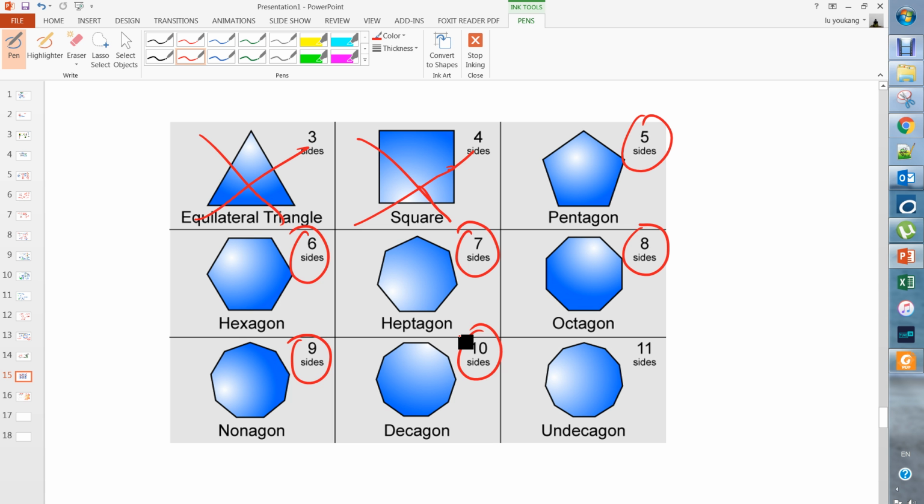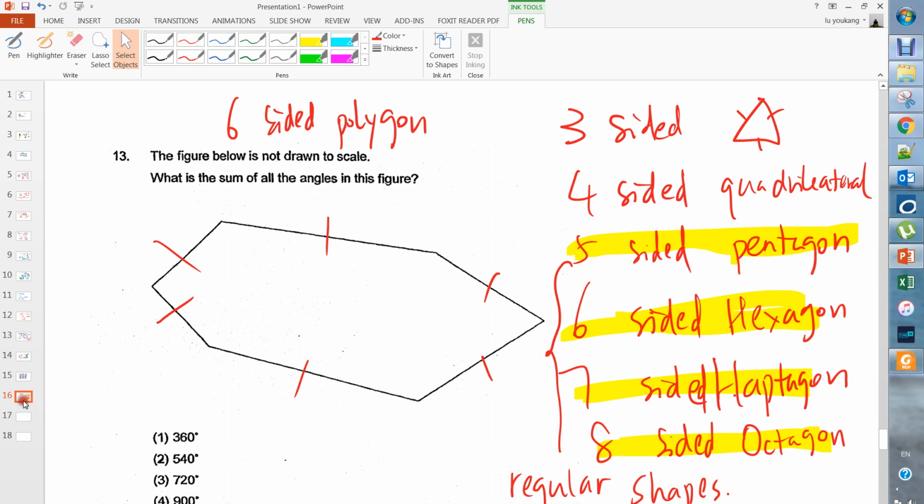So just now this question is 6-sided, right? So it's called a 6-sided polygon. There is a formula for this. They ask you for the sum of angles in this figure, right? In order to find the answer, you need to use this formula.